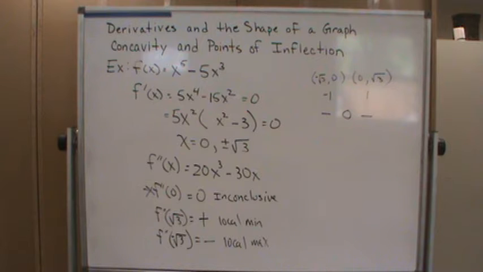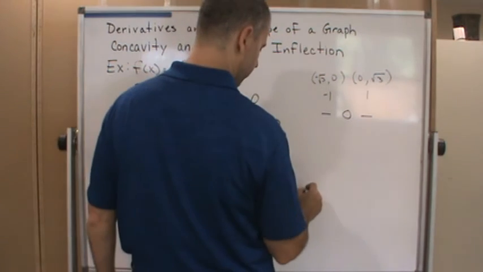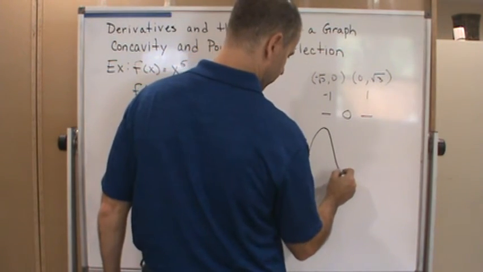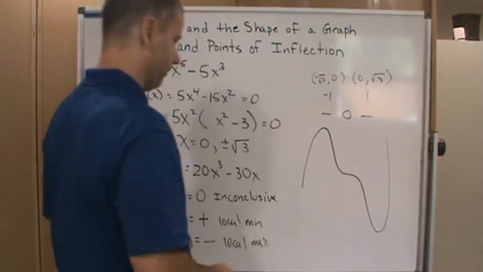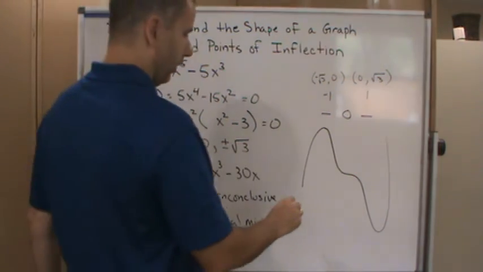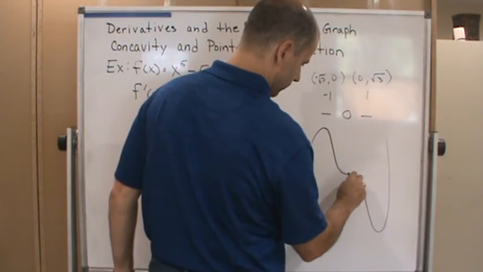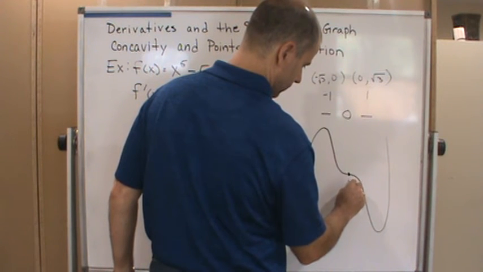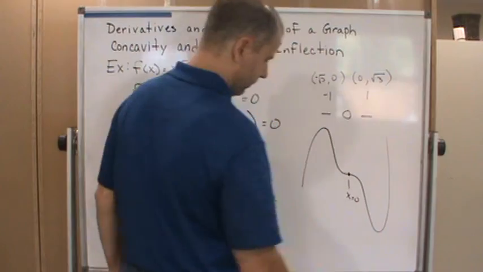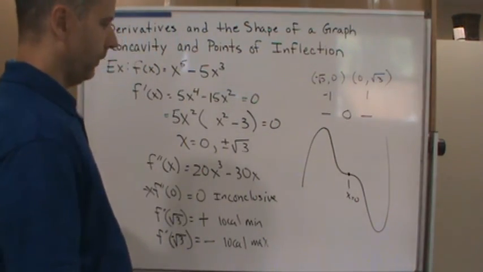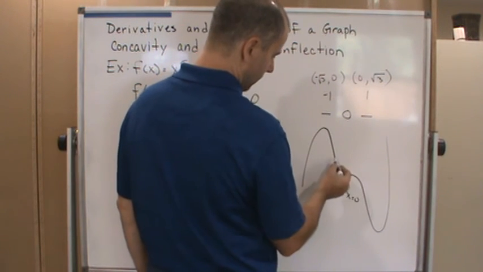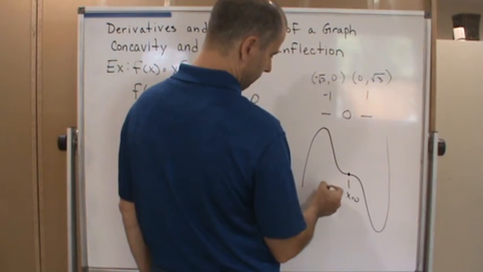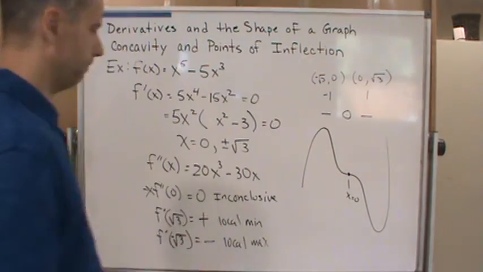And of course you can verify that by looking at the graph. Because it does something like this. So here is the 0, right there. So it's concave down, like so.